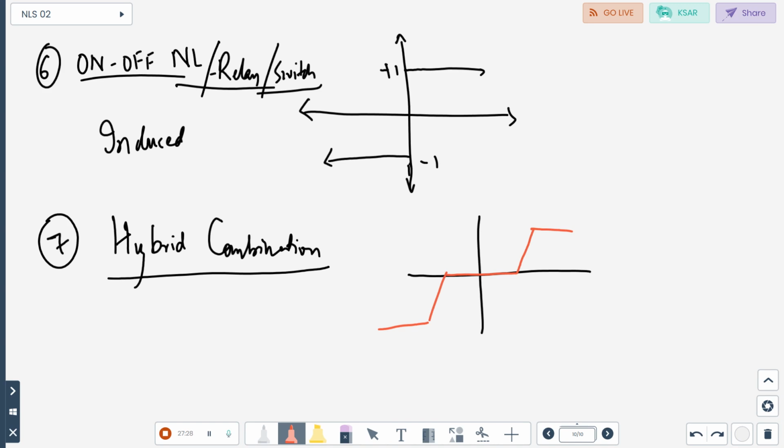Using the describing function method, we'll find the mathematical model of all of these nonlinear behaviors, and through that we'll be able to analyze the system behavior.